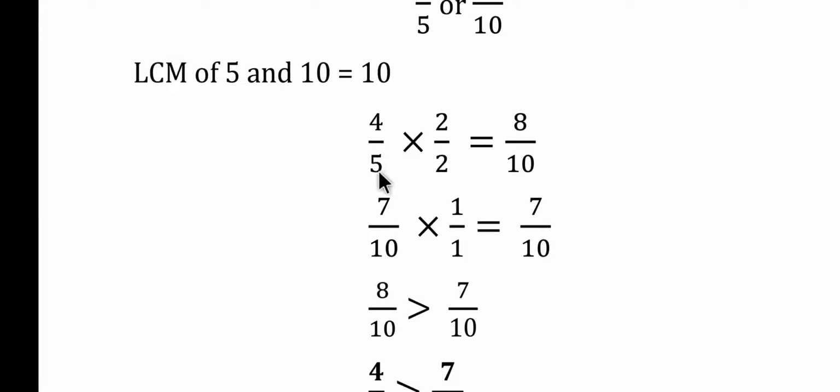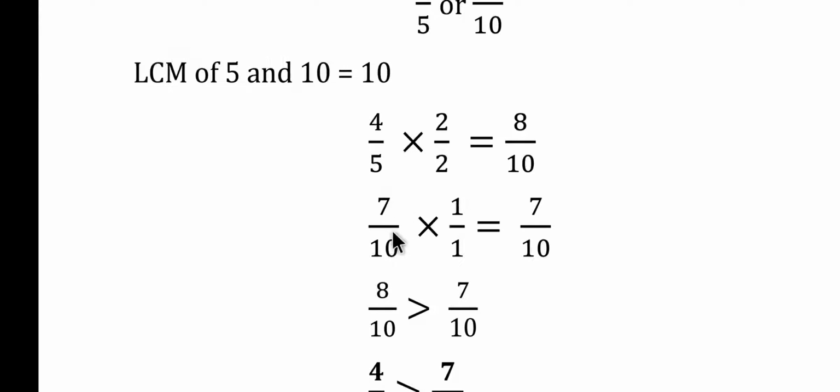So in order to make this 5 equal to 10, we have to multiply it with 2. So 5 into 2 gives us 10. So we'll multiply with the same number in the numerator as well. So 2 is multiplied with 4. 4 into 2 is 8 and 5 into 2 is 10. So 8 by 10 is the equivalent fraction of 4 by 5.